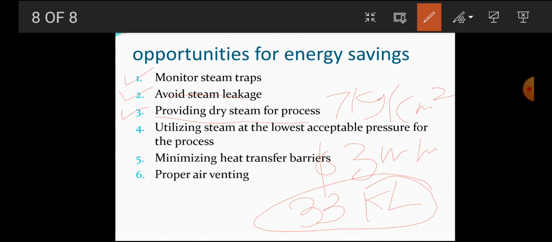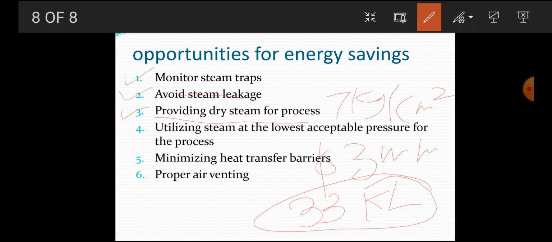Also water forms a wet film on heat transfer surfaces and overloads steam traps and condensate equipment. Superheated steam is not desirable for process heating because it gives up heat at a rate slower than the condensation heat transfer of saturated steam. So by this means we can save some energy.